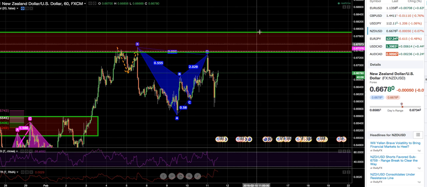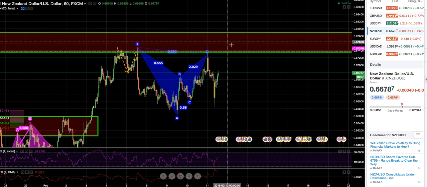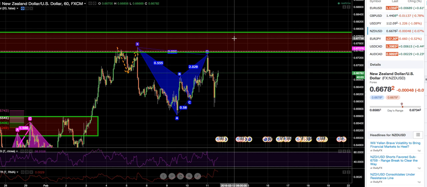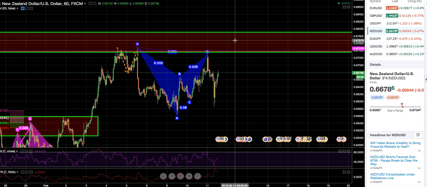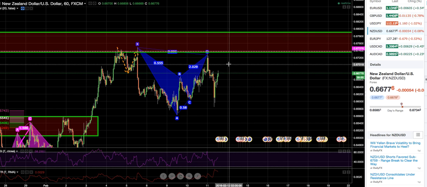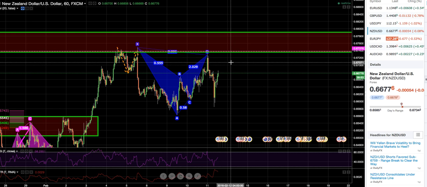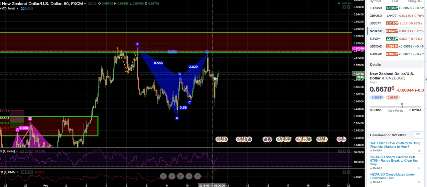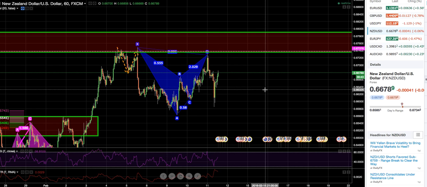So if the market comes up into this level right here, this will be an interesting level for me personally. So yeah, not much on the New Zealand dollar as of right now. Just kind of in no man's land right now, but that's fine.